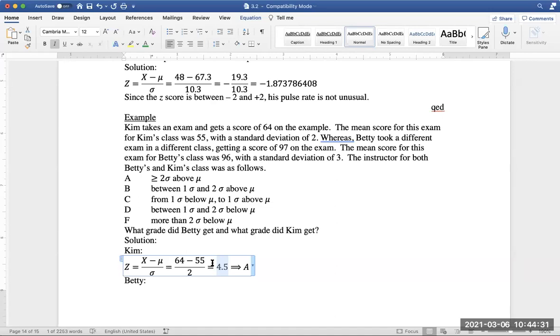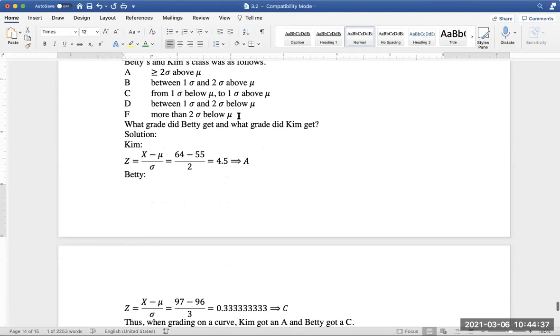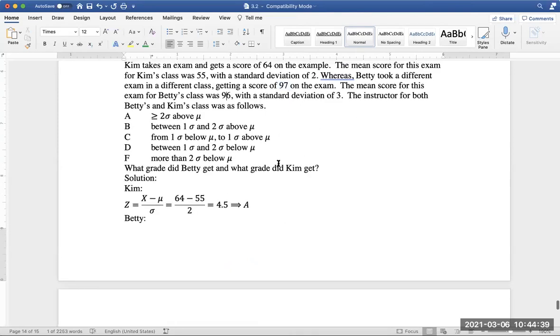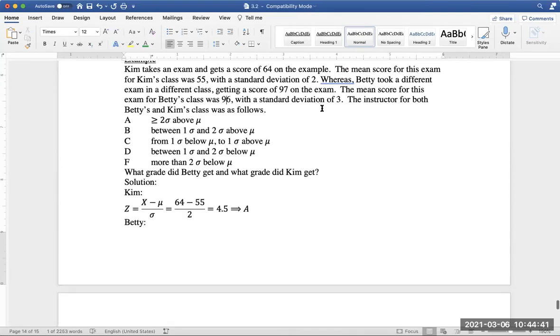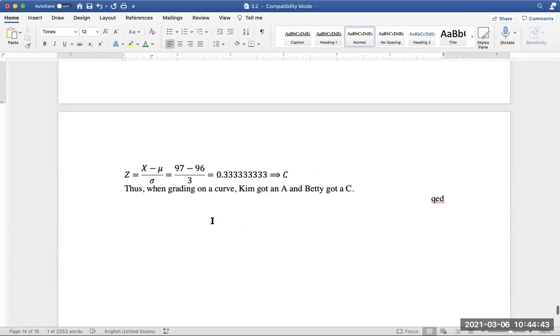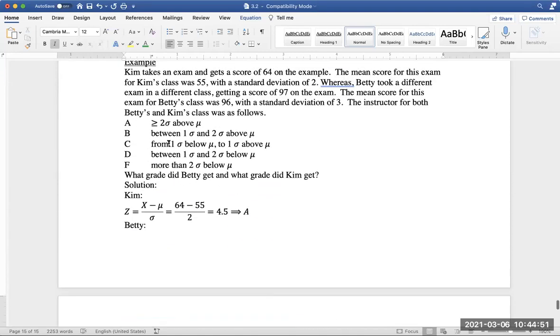Let's look at Betty. So Betty got a 97. The mean, mu, is 96, sigma is 3. And so 1 over 3, about 0.33, which means that you are between plus or minus 1 standard deviation from the mean.